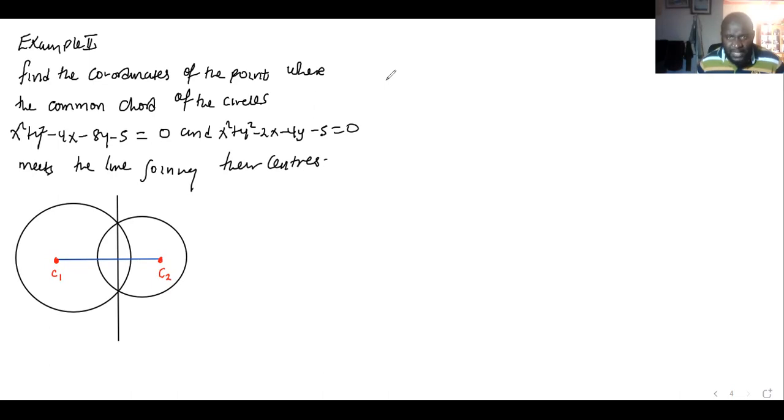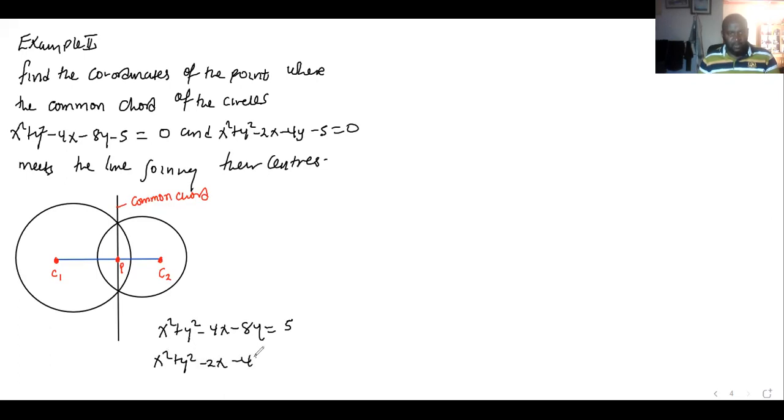Now, this is what the question wants. The question wants us to find this point P. This is the common what? Common chord. So get the equation of the common chord, get the equation of the line of centers, and solve simultaneously. So to start with, we know x squared plus y squared minus 4x minus 8y is equal to 5. Then we have x squared plus y squared minus 2x minus 4y is equal to also 5.